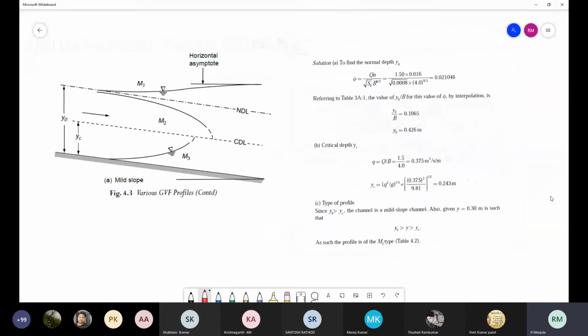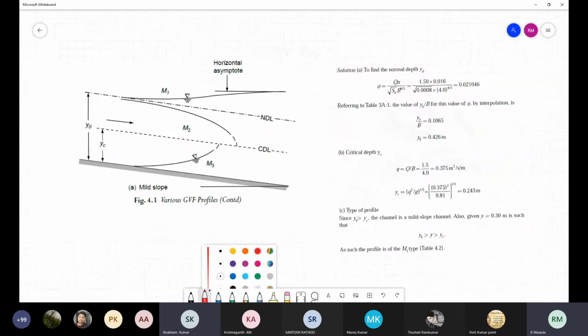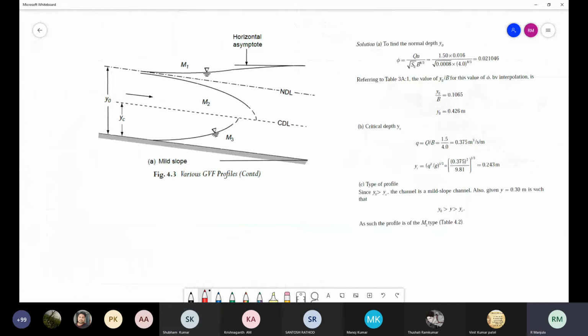One note. So now you can see here, for the values of phi, that is Qn by square root of S naught B raised to 8 by 3, you have found out what is your normal depth.